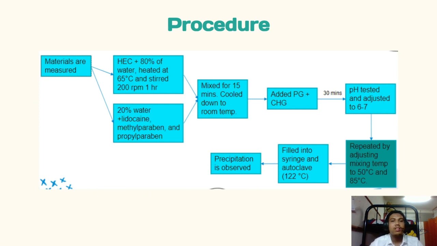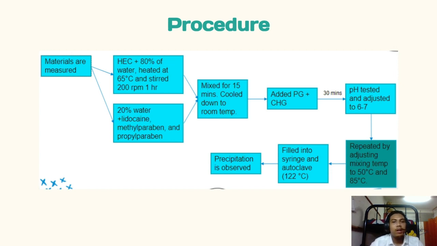All the materials are measured and then the HEC, the hydrogel, will be mixed with water and heated at 65 degrees Celsius and stirred at 200 rpm for 1 hour. At the same time, 20% of the required amount of water will be mixed with lidocaine, methylparaben, and propylparaben, which are the drug substances for our hydrogel.